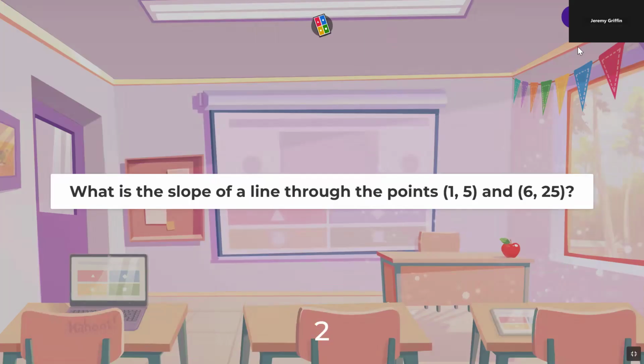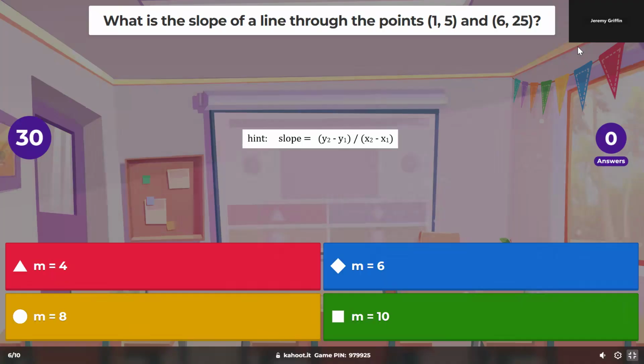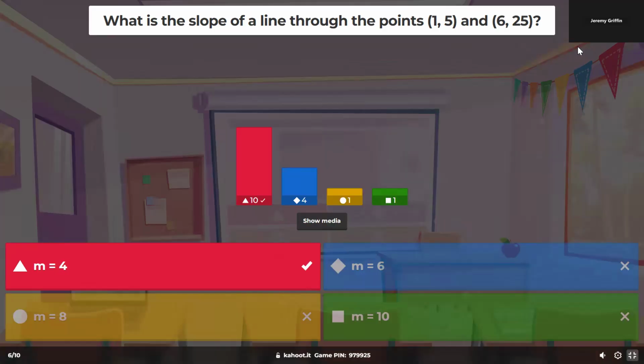What's the slope of the line through 1 comma 5 and 6 comma 25? Yeah, slope of 4.